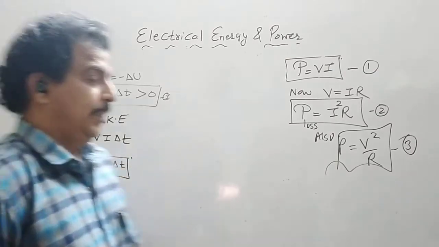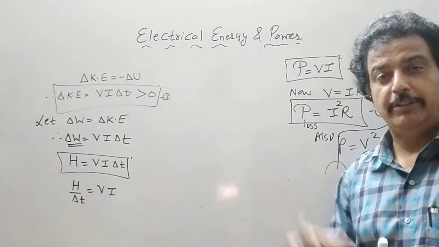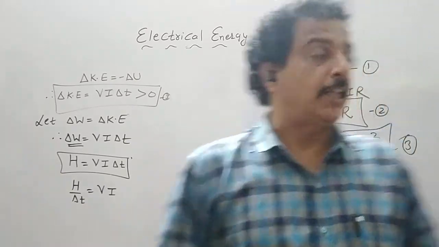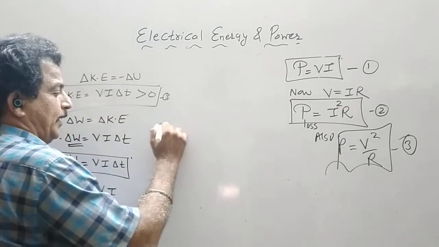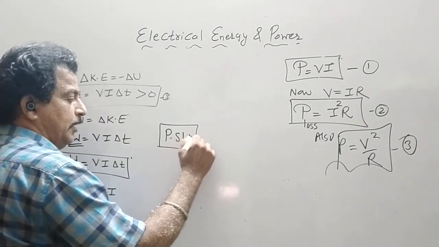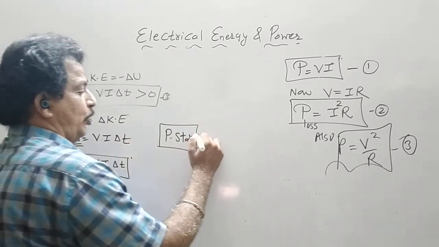Now let us see how the power is transmitted, the basic knowledge. We will come to this topic in detail while studying the transformer. Let us assume that this is a power station which is producing electricity or power.